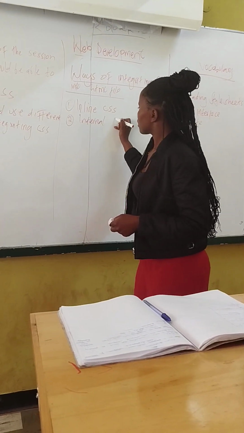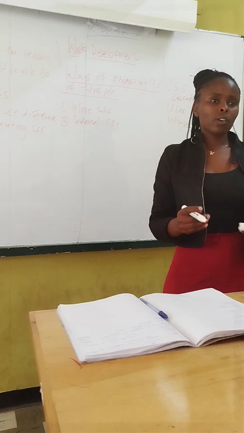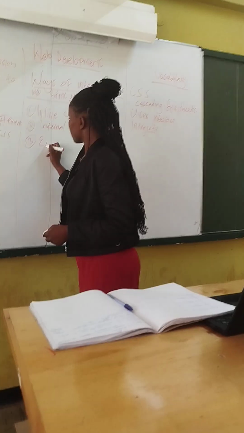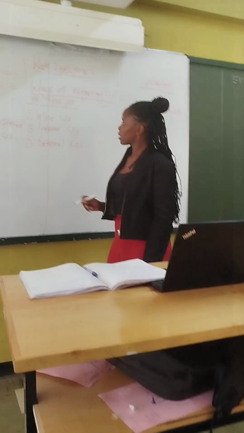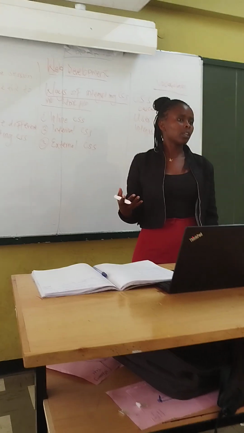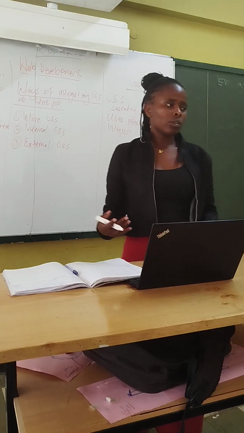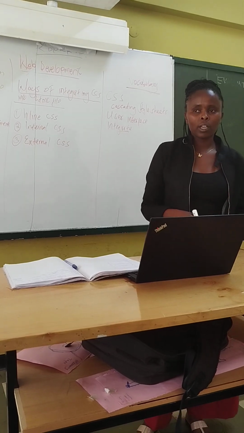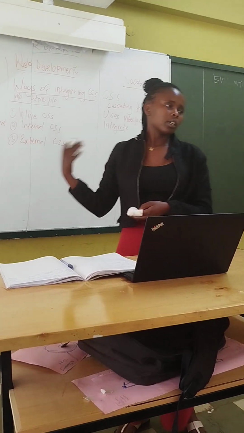Internal CSS. And the other one? External. We have external CSS. So these are different ways where you can use CSS together with the HTML, and then you will see the new user interface.